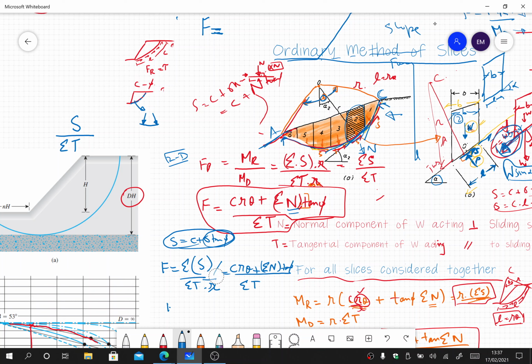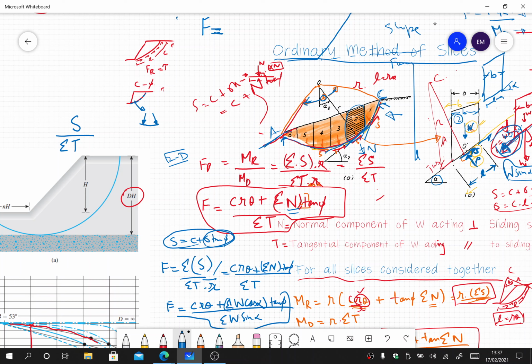Plugging the values of N and T, we get that factor of safety is equal to C R theta plus the summation of W cos of alpha into tan phi over the summation of W sine of alpha.